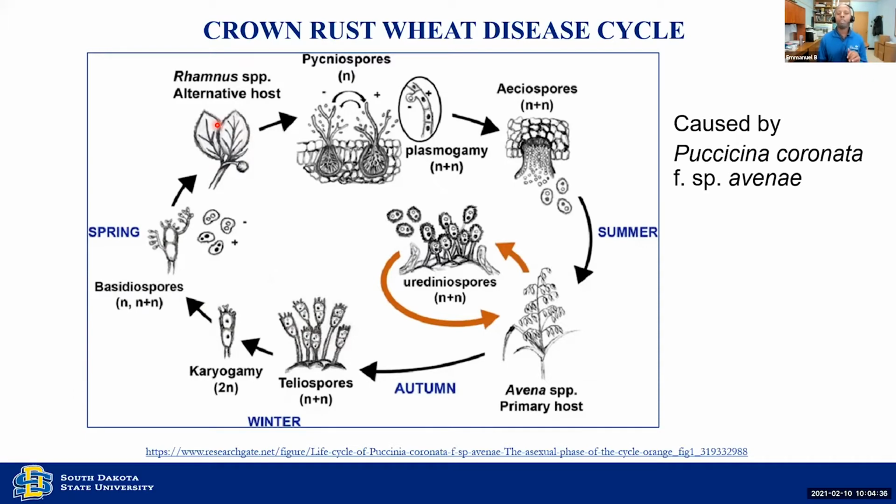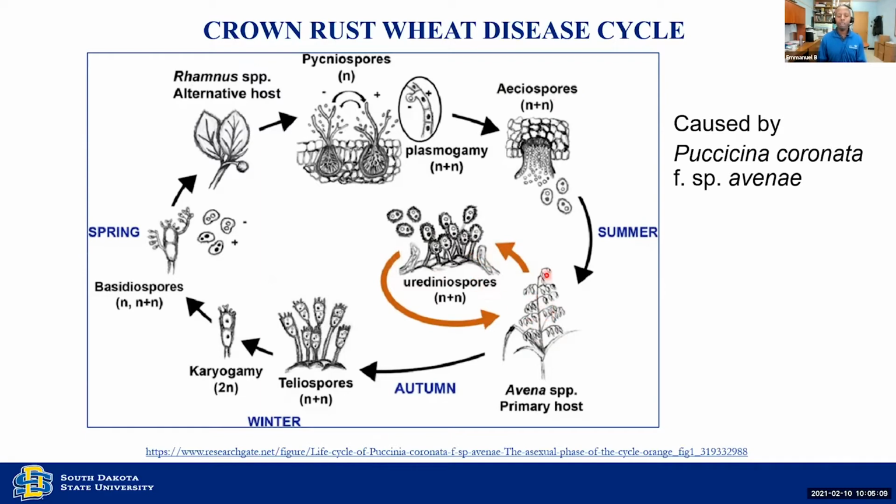Any rust pathogen out there needs an alternative host in order to complete its life cycle. From the buckthorns, we then have another set of spores called the aeciospores. The aeciospores are the ones that will infect our oats or other grass species. And there is another set of cycles called the vegetative cycles of this pathogen.